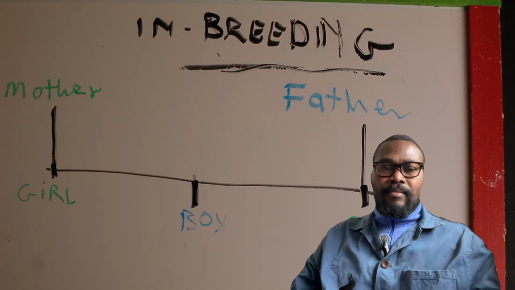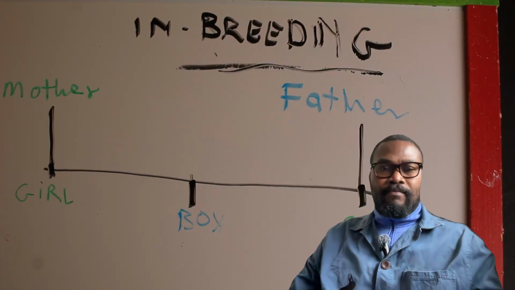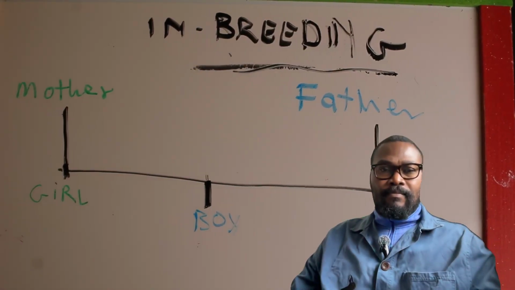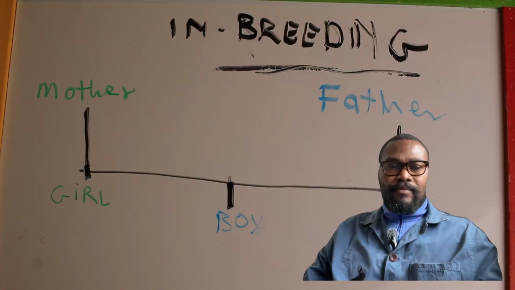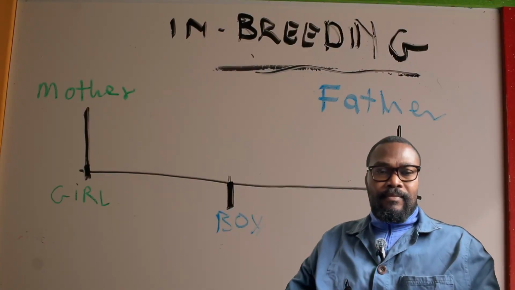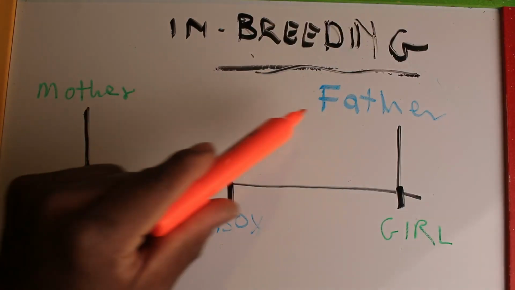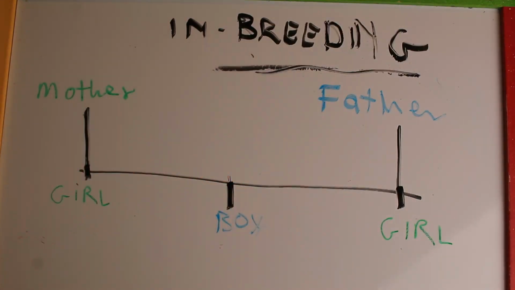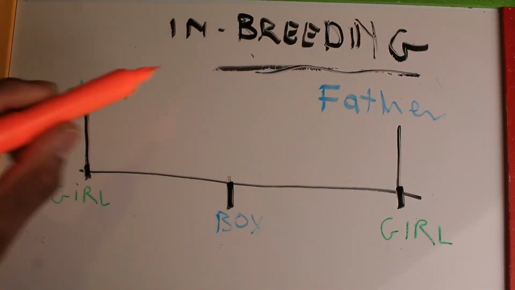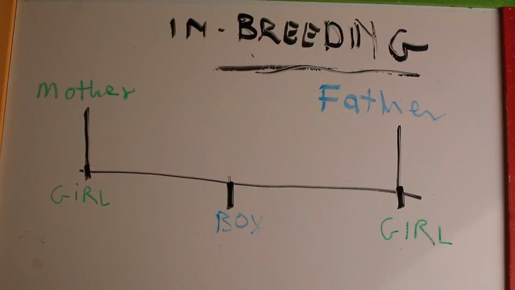On this simple board, I'm going to try to explain inbreeding in the most simple form. So if you think about inbreeding like this, mother and father, who are from a different mother and father, they give birth to 3 children.